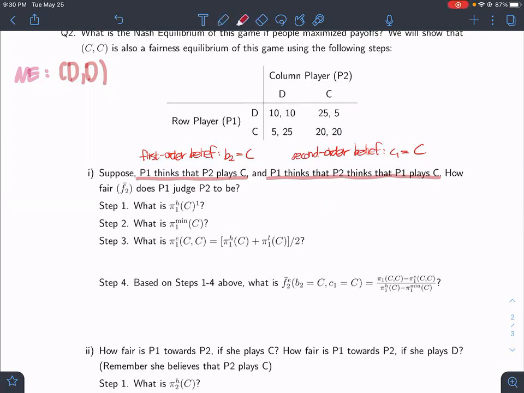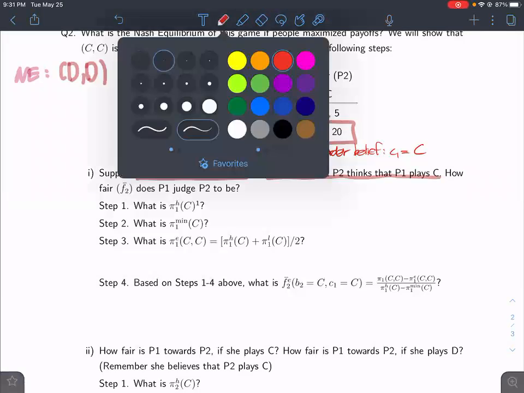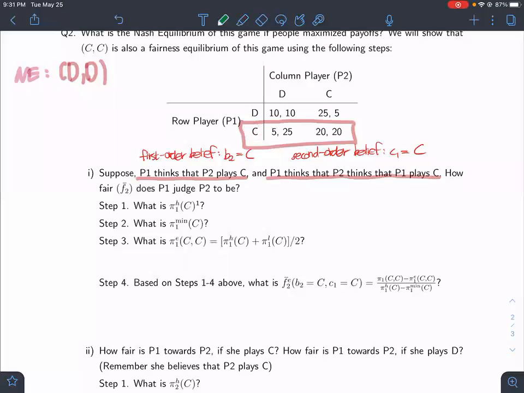So suppose that I've chosen C, and then P2 has two options, D and C. And based on what he chooses, I'm gonna evaluate how fair he is. So in this case, we fix this red box, and then evaluate how fair P2 is. And then we need to focus on what the player one gets. So we are comparing between 5 and 20. So pi 1h is the best, the maximum payoff that P1 can get, which is 20.